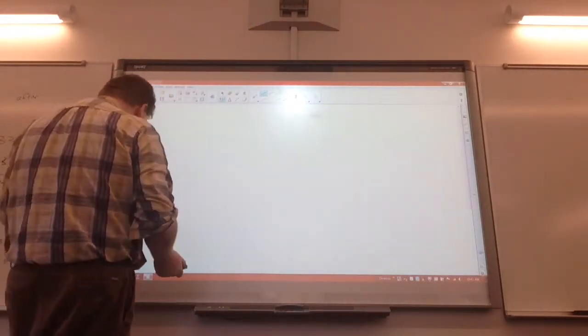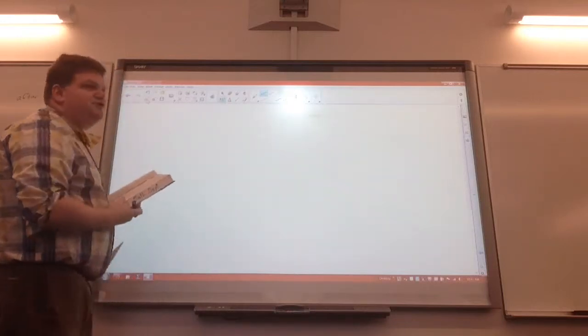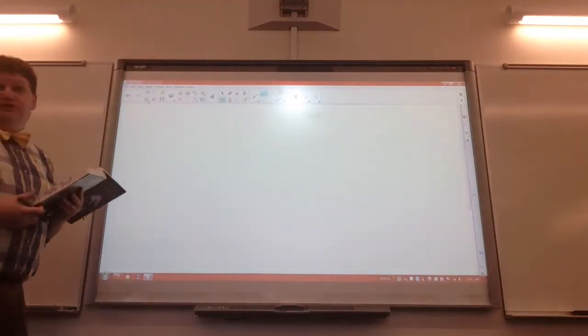It's amazing. Anyway, let's look at an example here. This is a geometry problem that's been adapted to calculus, which is what happens a lot.